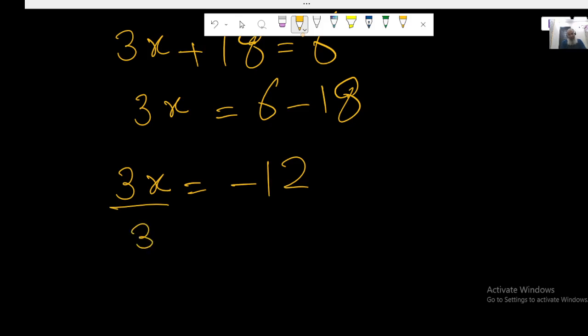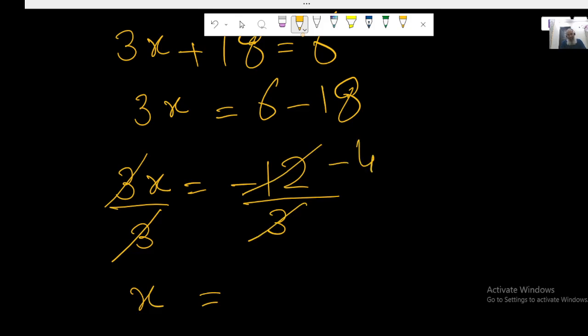So here it's 3 cut by 3, so x is equal to minus 12 by 3, which is minus 4.